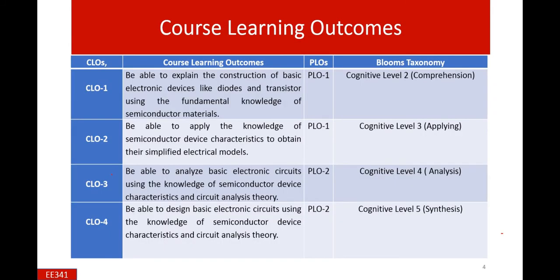Okay, there are four course learning outcomes in this subject. The first two are relevant to PLO1, and the third and fourth are relevant to PLO2. The first CLO is relevant to some fundamental concepts like the construction of basic electronic components like FETs, diodes, and BJTs, and the cognitive level covered is comprehension.